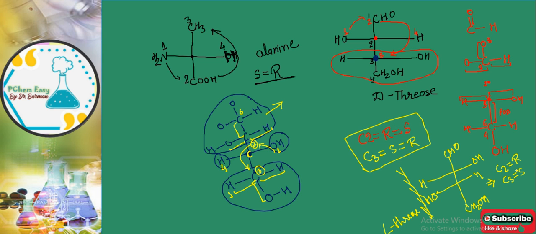I would like to tell you to try yourself to assign the configuration in glucose carbons, and if you find any difficulty, just write your question in the chat box. In the next lecture I will tell you, by taking D-glucose as an example, how we can assign the stereochemistry or RS configuration in the glucose structure.